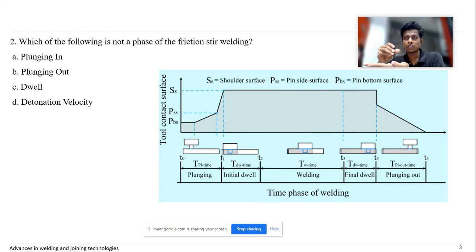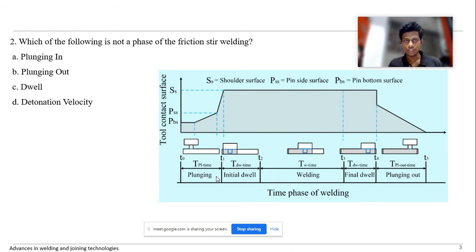Dwell time means the friction stir welding tool won't move and will stay at a stationary position. Once the dwell time is done, there will be a welding motion. The tool will be rotating and moving, and because of the friction, heat will be generated, and with the help of that we get the weld. That is it in brief, right?